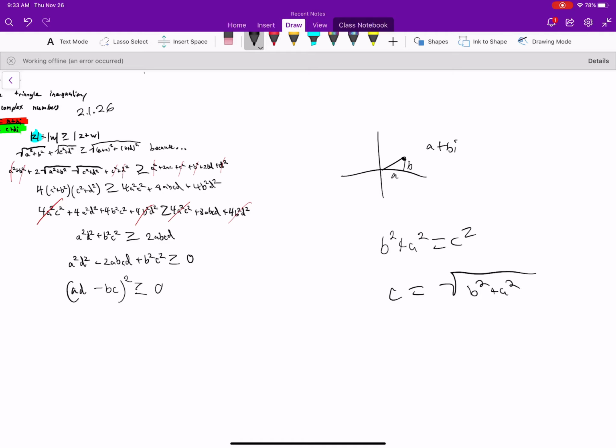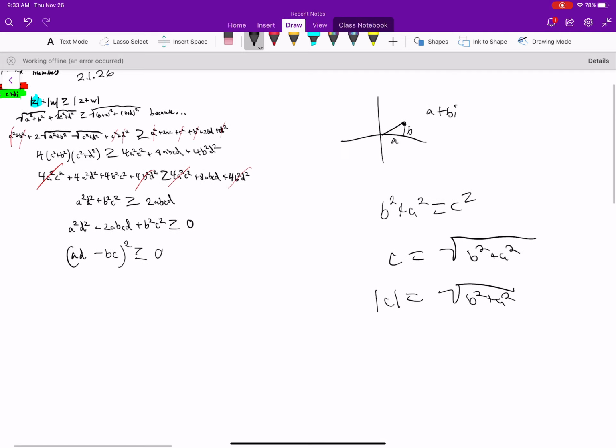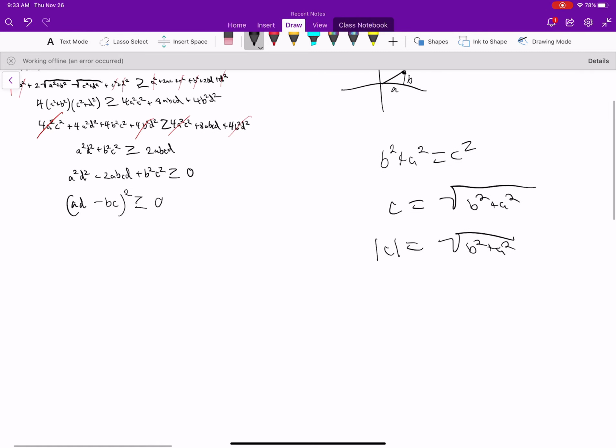Or you could also say that the magnitude of c is the square root of b squared plus a squared. And you could also say that the magnitude of a plus bi is the square root of a squared plus b squared.